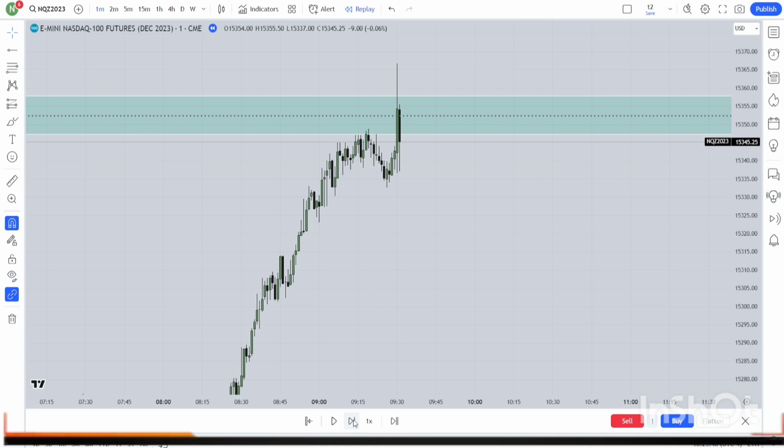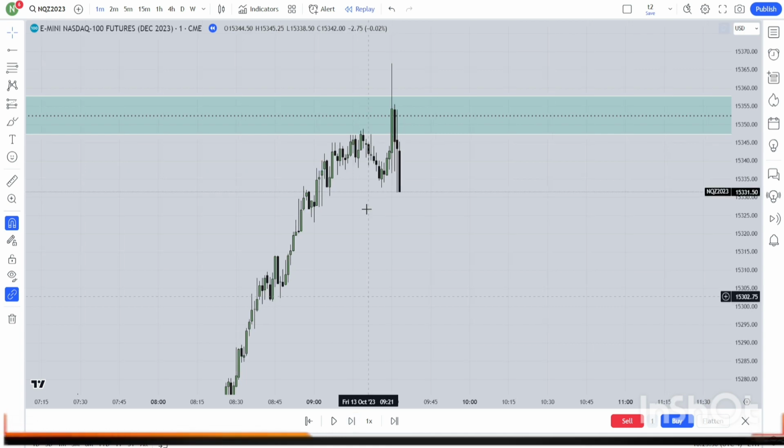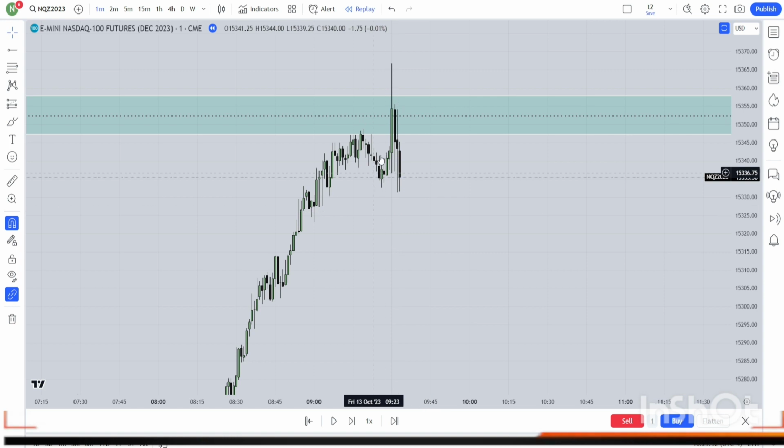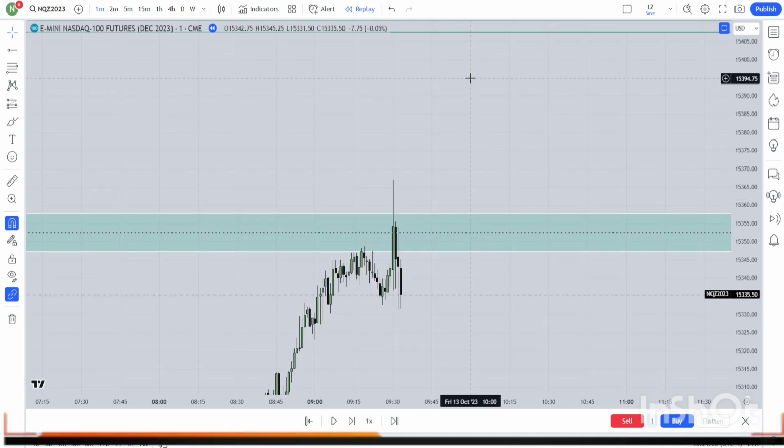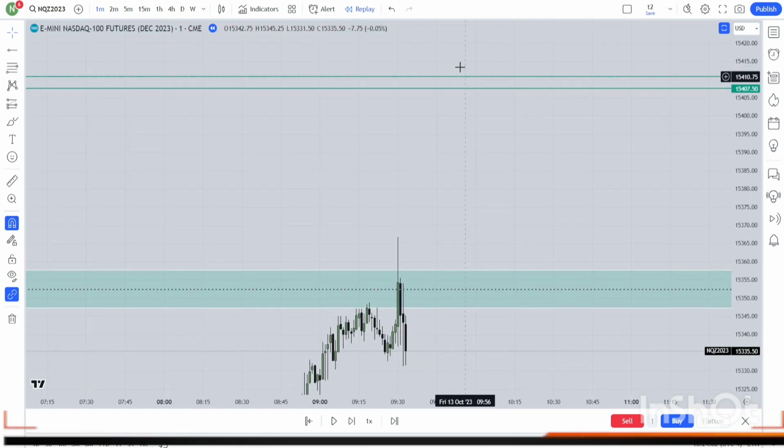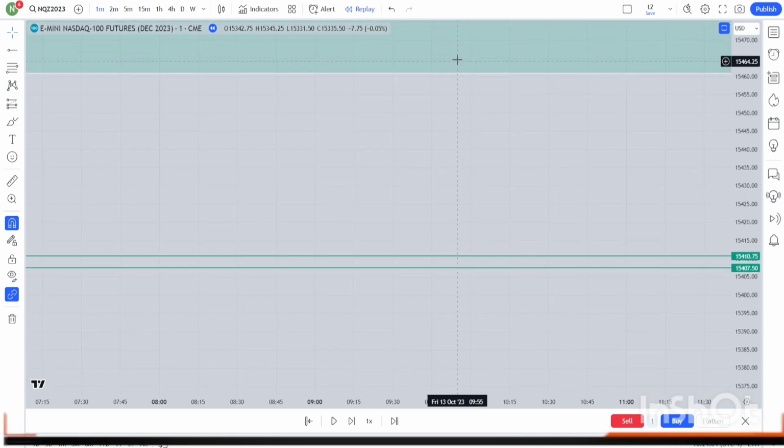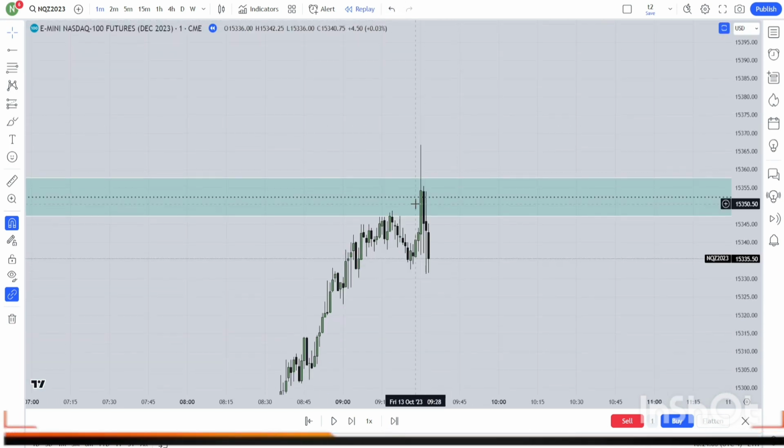The very next candle went lower, but we are not looking for any kind of sell entry over here. Why? Because price closed above the consequent encroachment. So my expectation is that maybe price can go higher, maybe it will trade to this new day opening gap, because it has closed above the consequent encroachment.